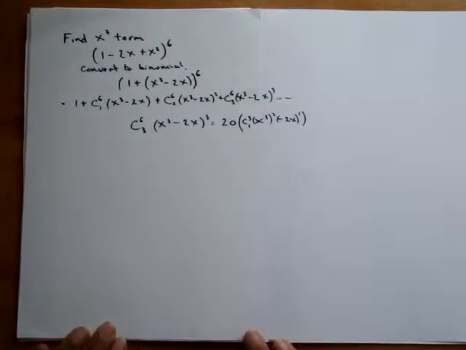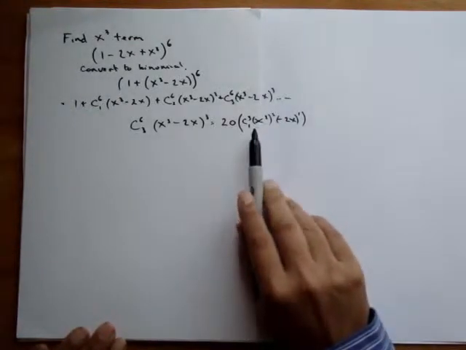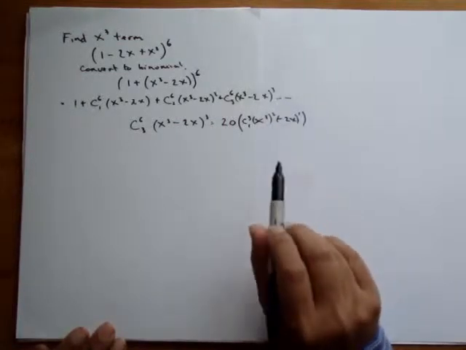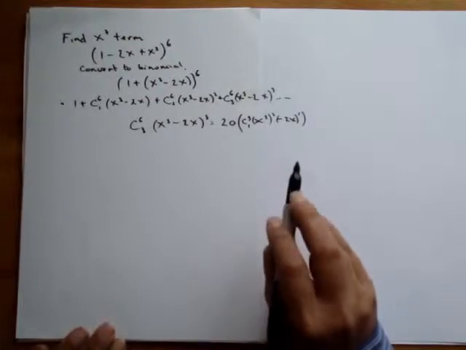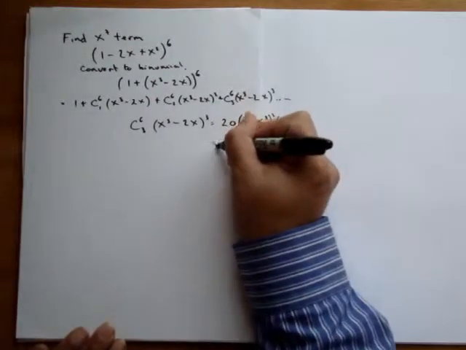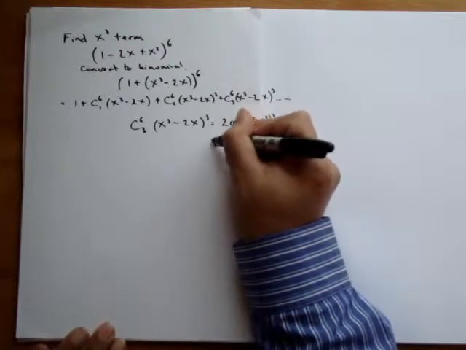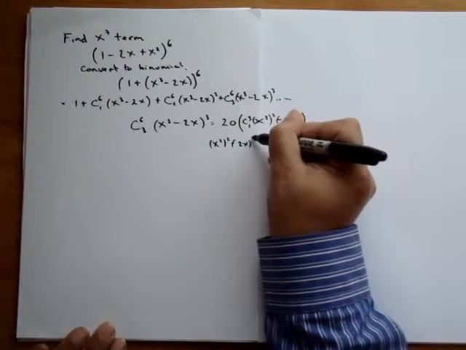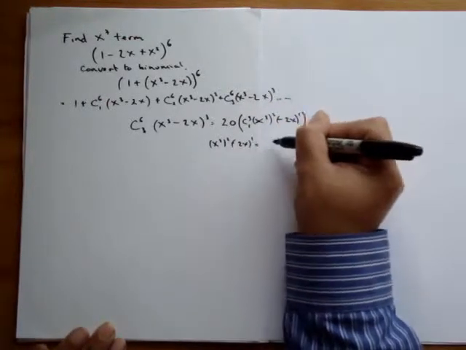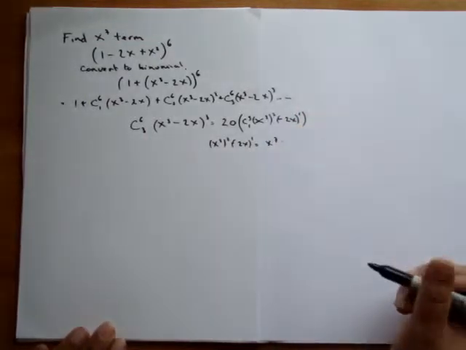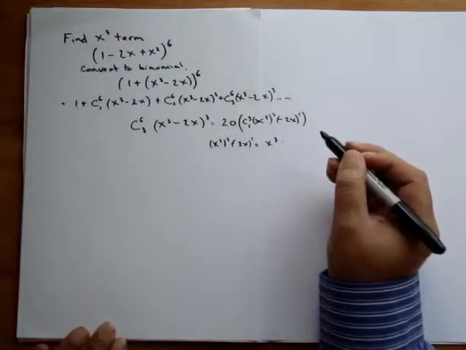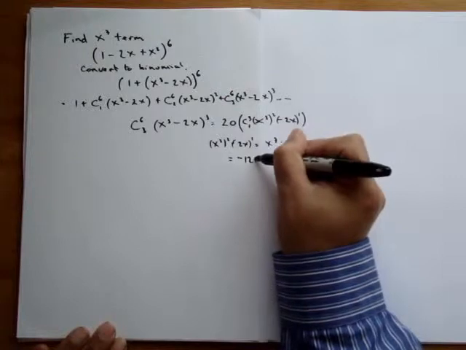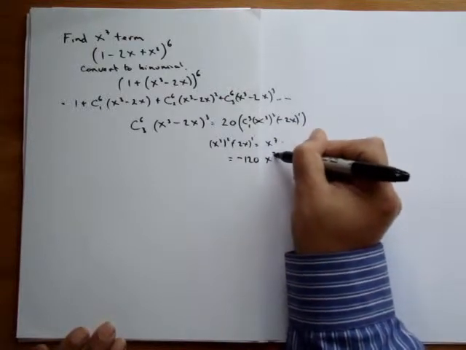So we can see that this, when we multiply out, will give us an x to the power 7. If we have a look here, this is x to the power 3 squared times minus 2x to the power 1, which will give us an x to the 7. So this is one of the terms that we need, and when we work it out, it is minus 120x to the power 7.